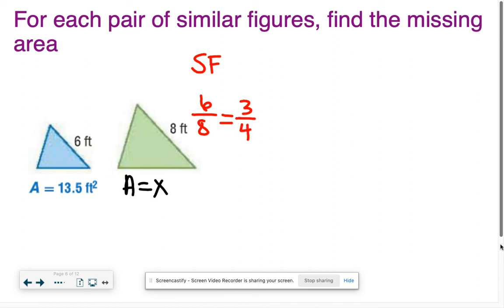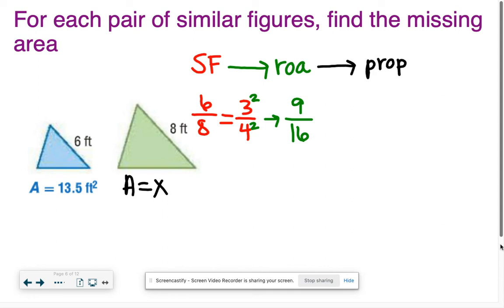Okay. Now from here, write the ratio of your areas. So remember, that's when we square those. So we're going to get 9 over 16. And then from here, write your proportion. So we're going to have 9 over 16.